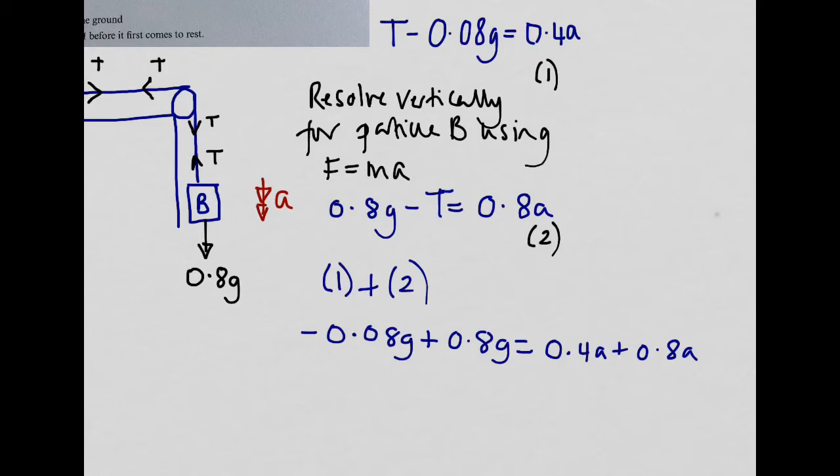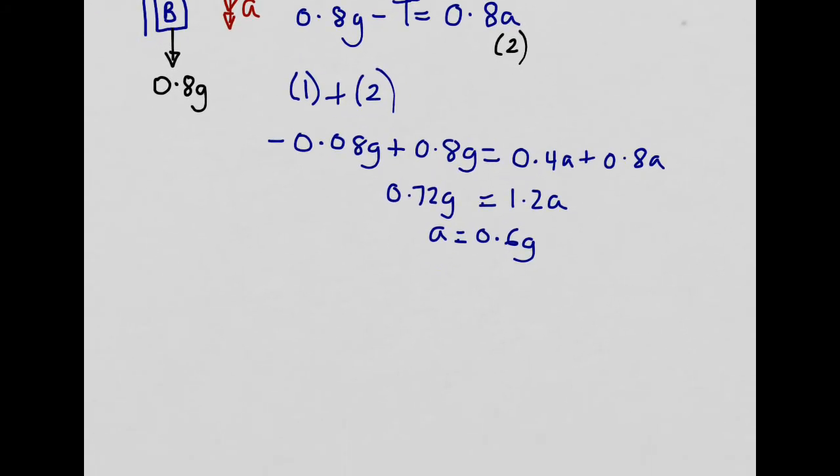So then that would give me 0.72 g equals 1.2a, and therefore if I do some division, I'm going to end up with a equals 0.6 g, and I can write that as meters per second to the minus 2.